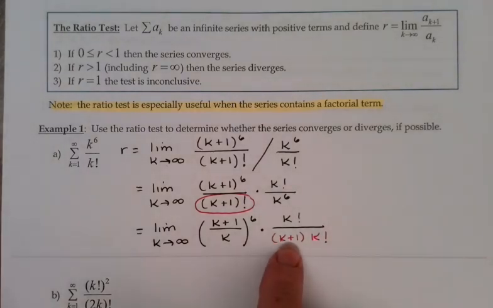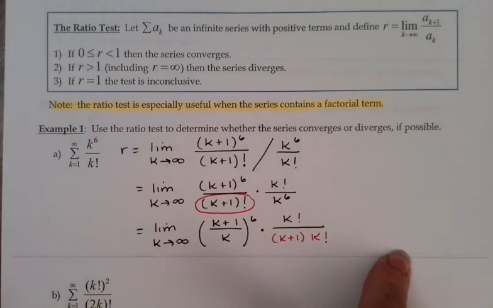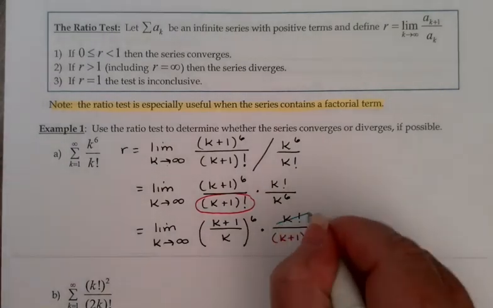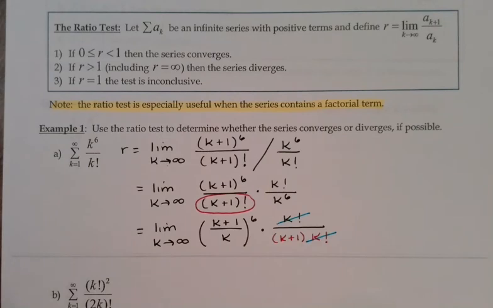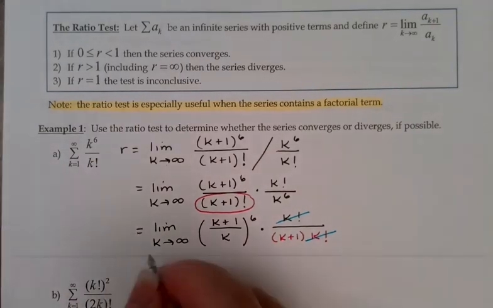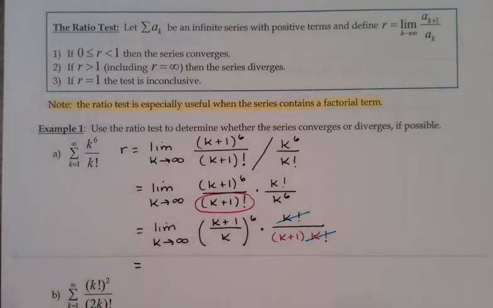K plus 1 times all the factors from k on down, which by definition is k factorial. That, of course, is really nice because it allows me to divide out the k factorials. So I think I'm just about there.